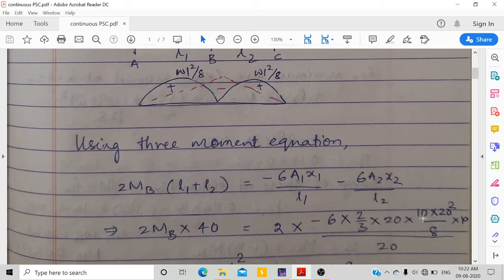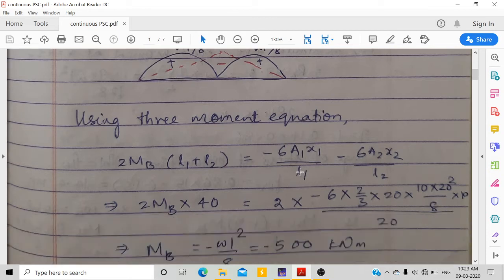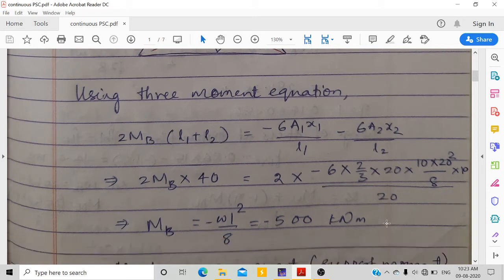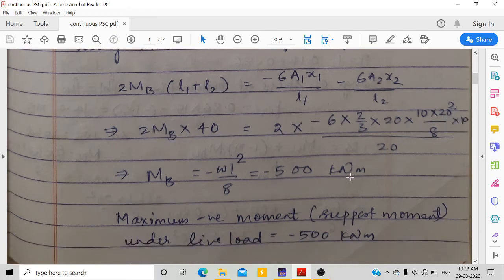So W is 10, L square is 20 square by 8, into x1, the CG distance. So 20 meter, CG is 20 by 2, 10 meter, by L1, the span 20 meter. So we got MB. If you put all this WL square in that, it will come as minus WL square by 8. If you put the values, you will get minus 500 kilonewton meter.